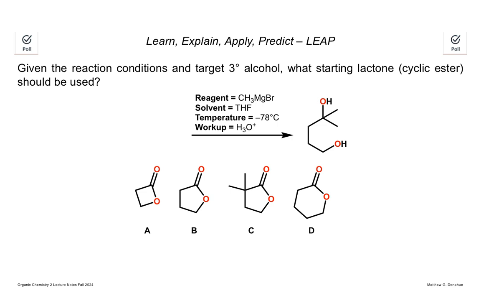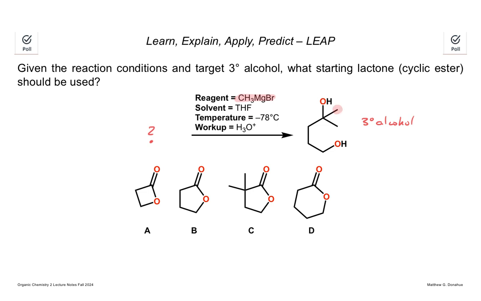And so in this problem, what do we start with when we look at the tertiary alcohol here? 2 of the substituents are the same. They're coming from this methyl magnesium bromide.